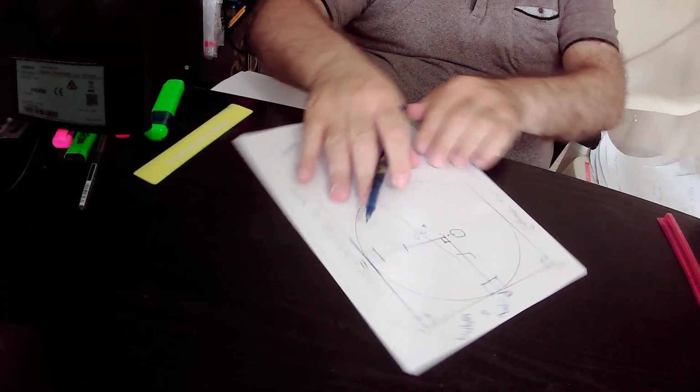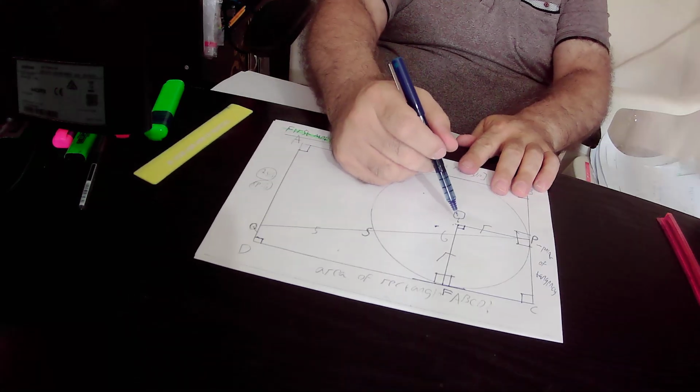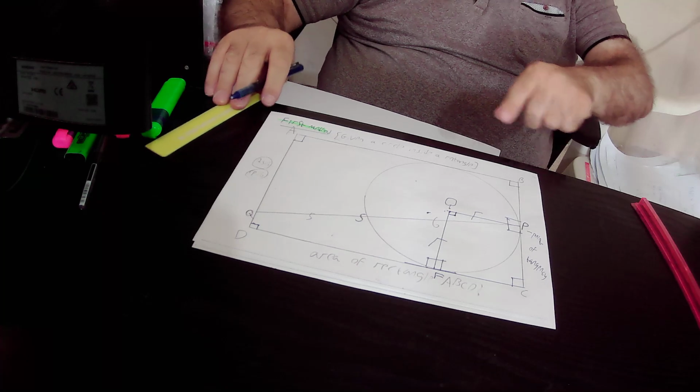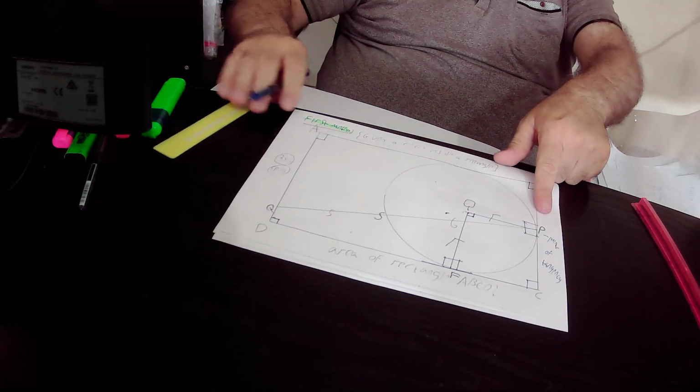From the center of this circle, that is point O, we will draw a perpendicular on chord SP.